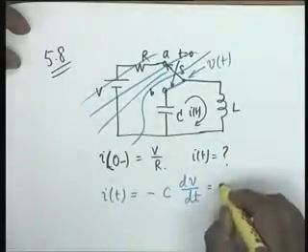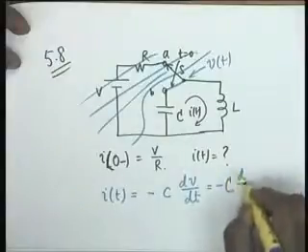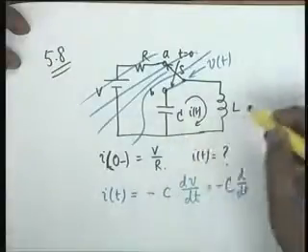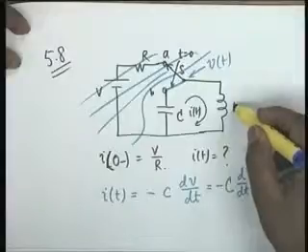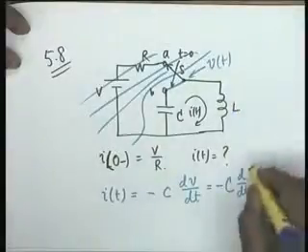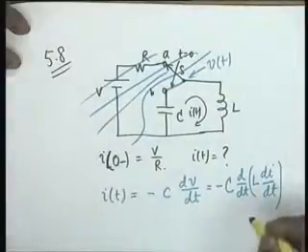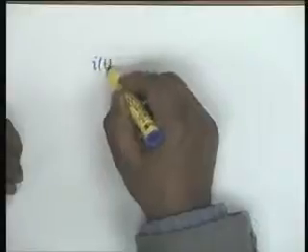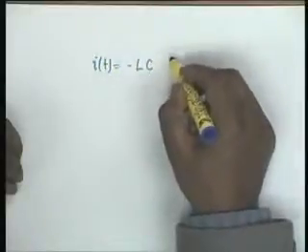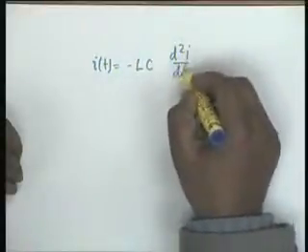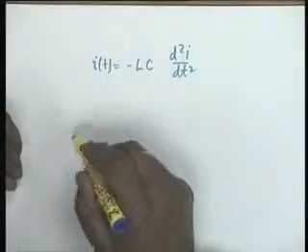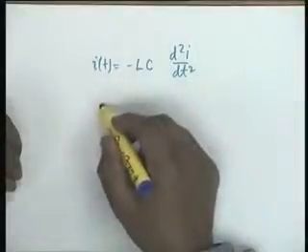Now this is minus C d/dt of what is V in terms of L? It is L di/dt, and that does it. That gives you the equation I of t equals minus LC d2I/dt2, and it is I that we have to find out.